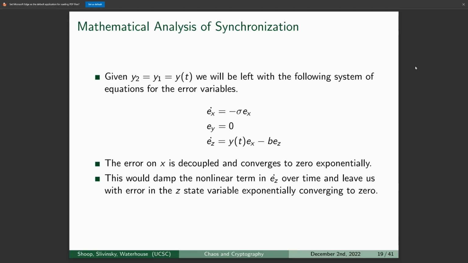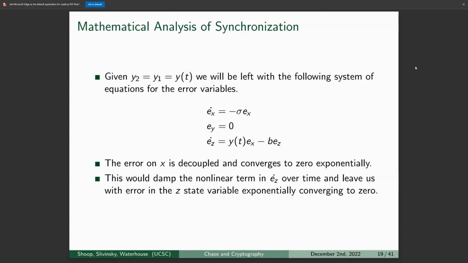And we can see that this gives us a system where E sub x is decoupled. There are no other variables in that differential equation, so we can solve that one directly just by separation of variables, and we'll see that E sub x exponentially decays towards 0 over time, and so we will get a convergence on the x variable with this system, which is good.